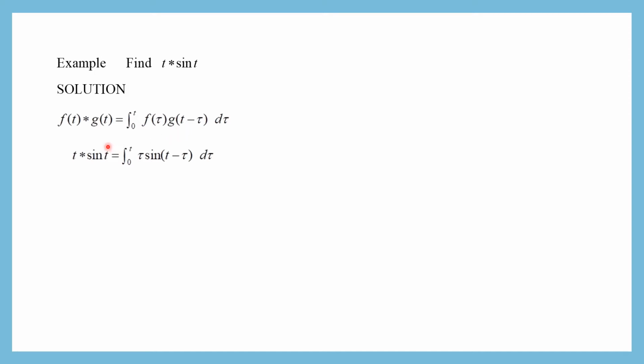So in the question, the g of t is sine t. Now the t will be replaced by t minus tau. That means sine t becomes sine of t minus tau. So this is the f of tau, g of t minus tau. Evaluate this integrand with respect to tau from 0 until t.